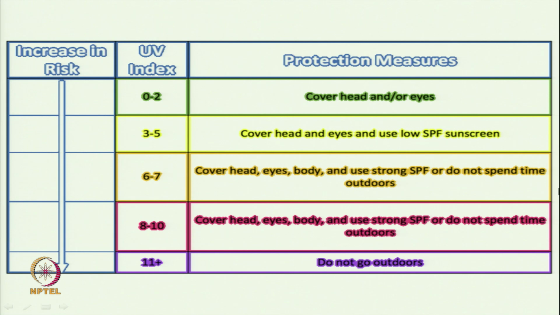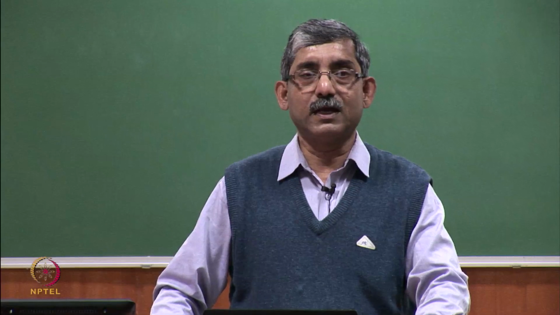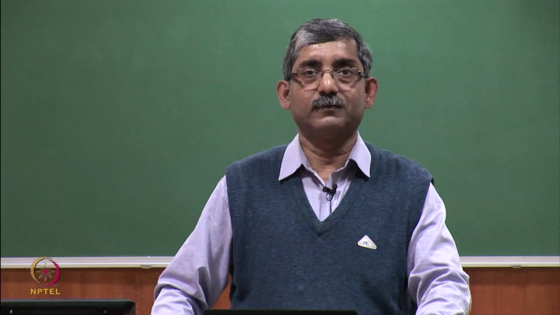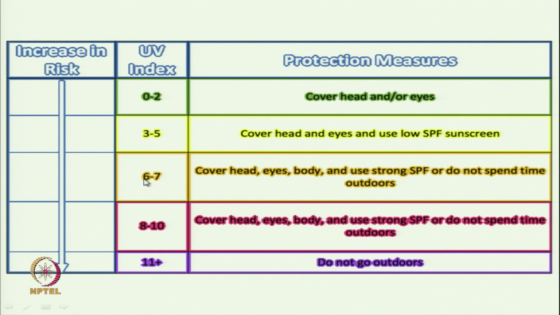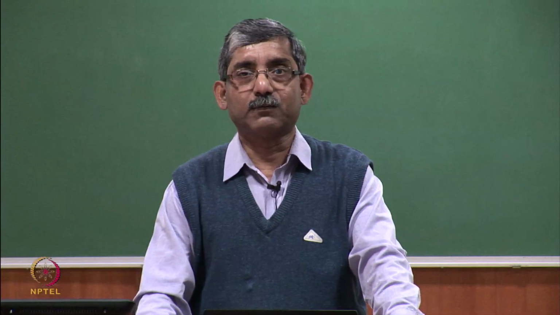UV protective clothing we must use during this, and above 11 we should not go out because it is extremely dangerous. Accordingly we can select clothing, our protection. Anything above 3 we should use protective clothing.